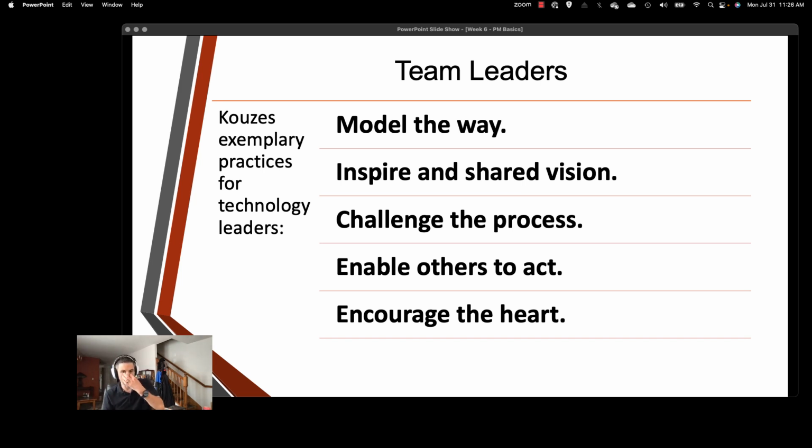Team leaders also inspire and share their vision. So they motivate team members to tie their personal aspirations to team goals, and involve stakeholders early. So, if you have a good team leader, you have somebody who sits down and says, so what is it that you're trying to accomplish? What are your goals? And maybe somebody says, yeah, I'd really like to move into a senior software developer position by progressing my DevOps skills.